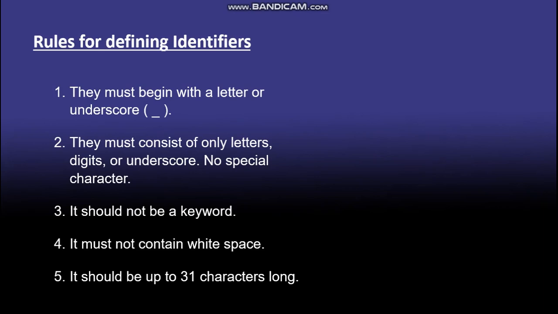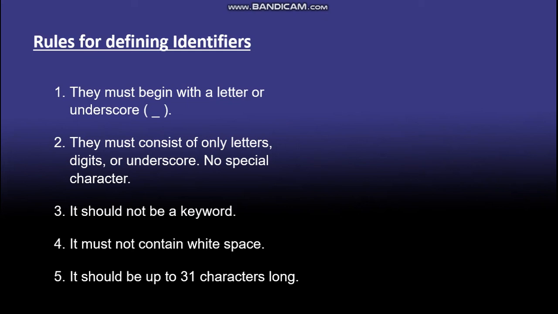But while declaring an identifier, there are certain rules which have to be satisfied. So let's take a look at the rules. The rules of defining identifiers are: they must begin with a letter or an underscore, and they must only consist of letters, digits or underscore, no special characters. They must not contain white spaces, and they should be up to 31 characters long.